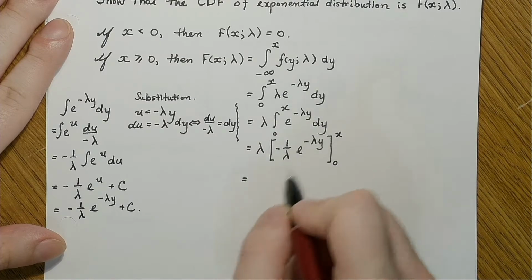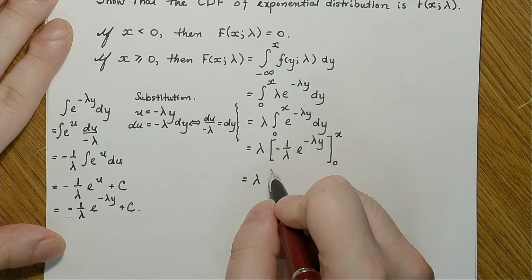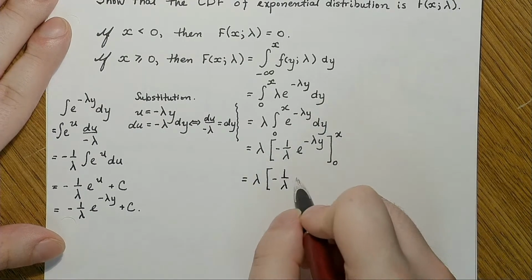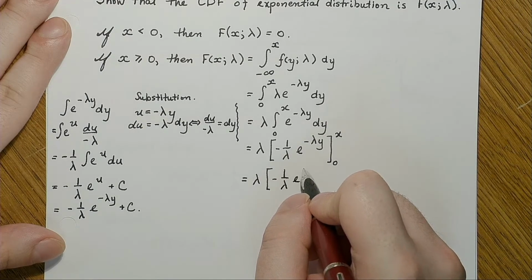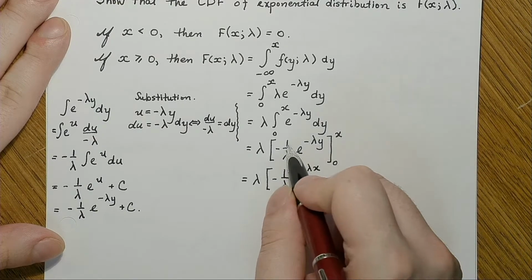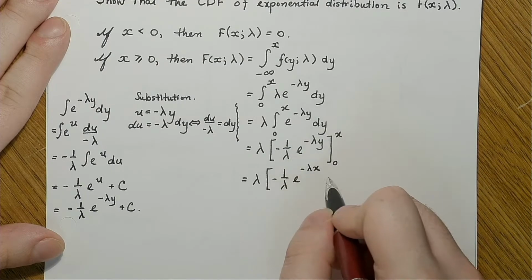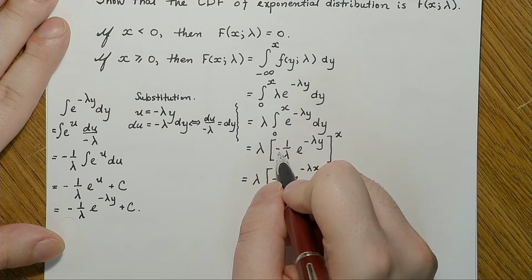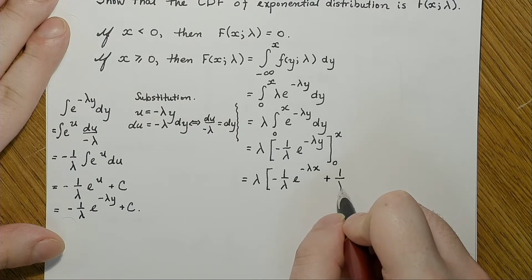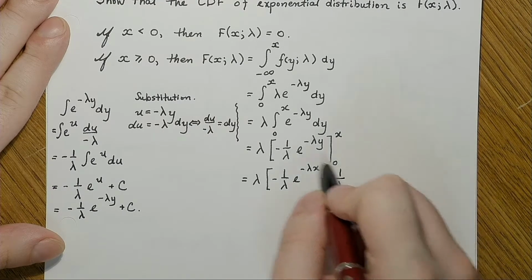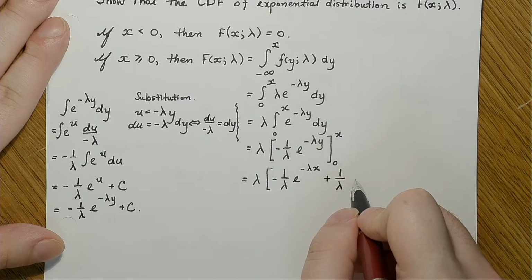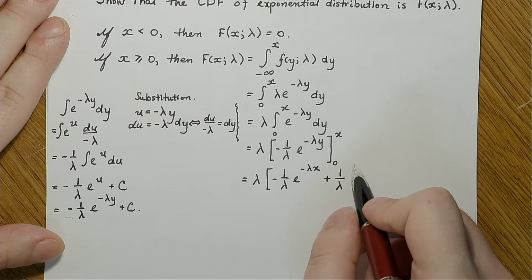So substituting in my values now. For 0, I get 1 over... I also have to make sure I don't drop a negative. So I have a minus, and then I have a minus there, so that becomes positive 1 over lambda. And if I substitute in y for 0, that's e to the 0, which gives me 1.